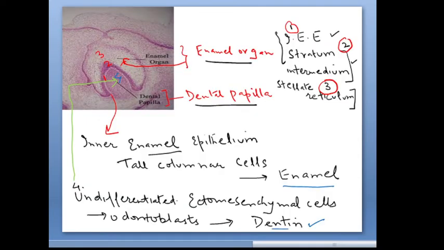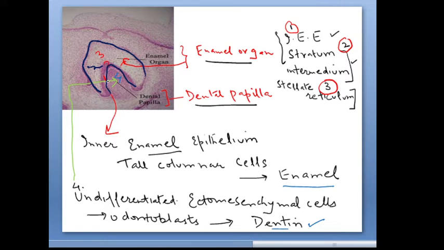Then, with time, there is formation of the enamel organ and it has 4 different layers. One is the inner enamel epithelium, one is the outer enamel epithelium. Then the inner layer is composed of stellate reticulum cell layers and sometimes there is a stratum intermedium cell layer.